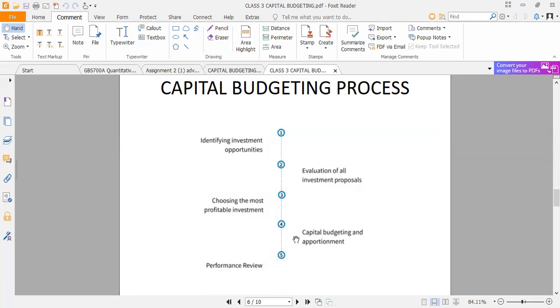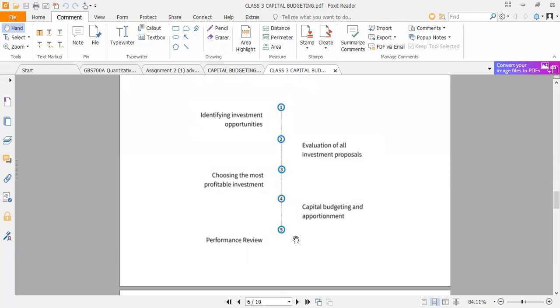And of course, you have to go for capital budgeting and apportionment. Then you do a performance review to check if all is well. Then you can go ahead and invest in that given project. Is it clear so far before we get into a real example of how we can evaluate a project?